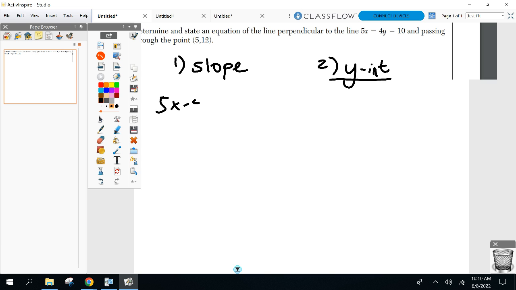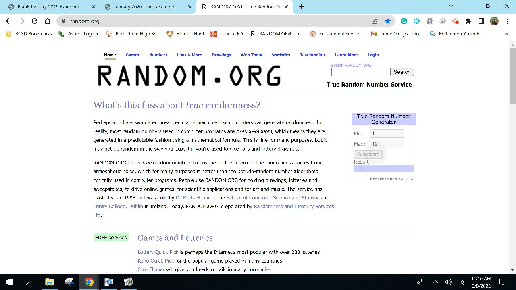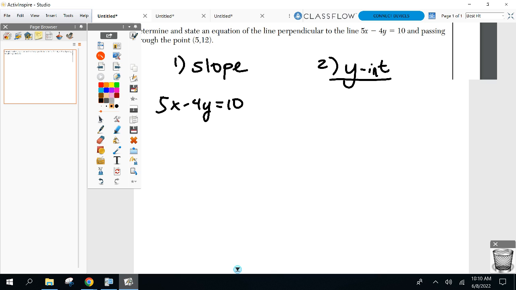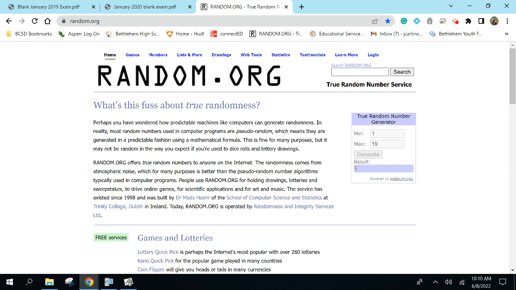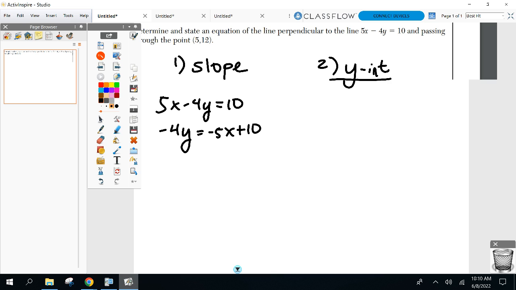5x minus 4y equals 10. Get that into y equals form for me. Let's roll. First step. Subtract 5x. So I get negative 4y equals negative 5x plus 10. Next up, what do you got for me? Next step to get y by itself.